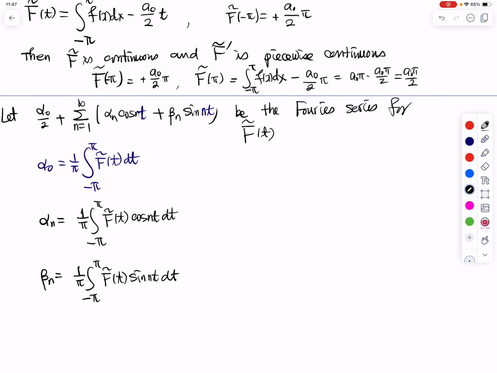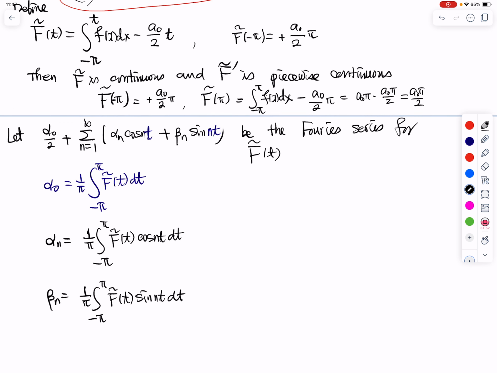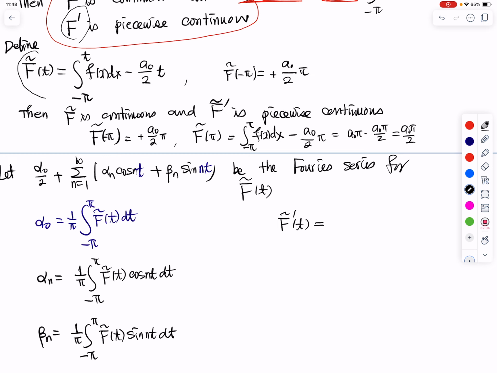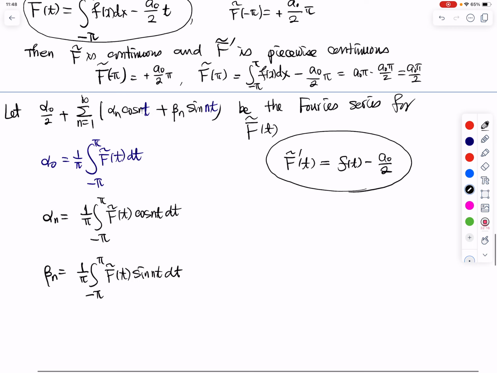And what was f tilde prime of t? Here, f tilde prime of t is f(t) minus a0 over 2. So you can use this property to compute alpha 0, alpha n, beta n.